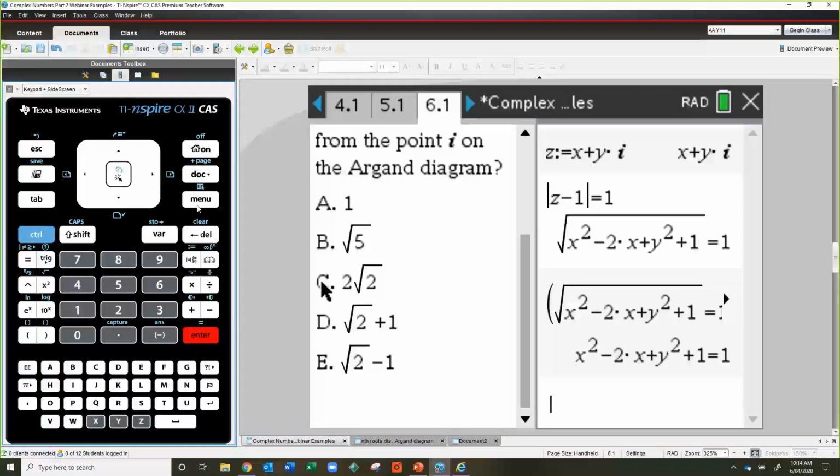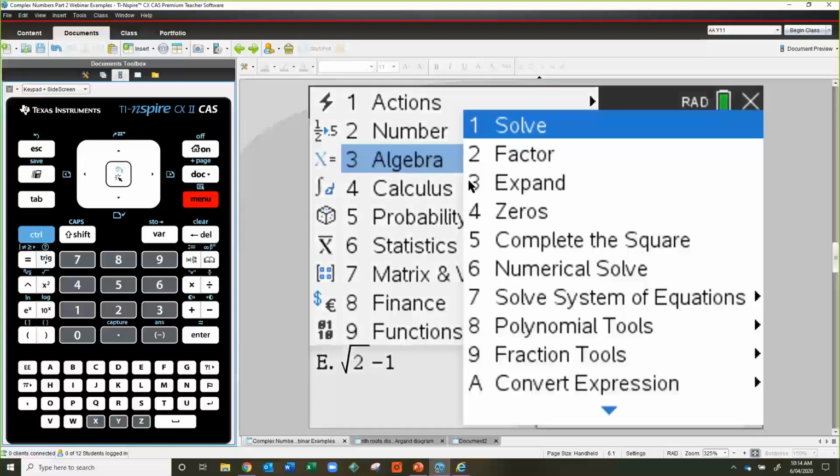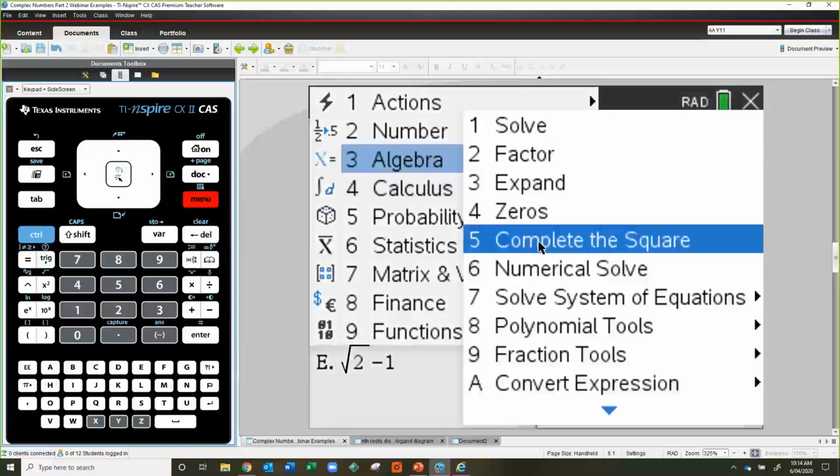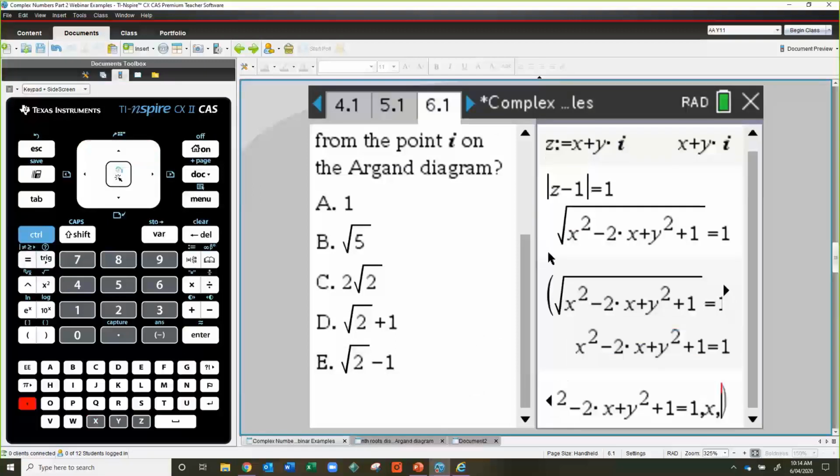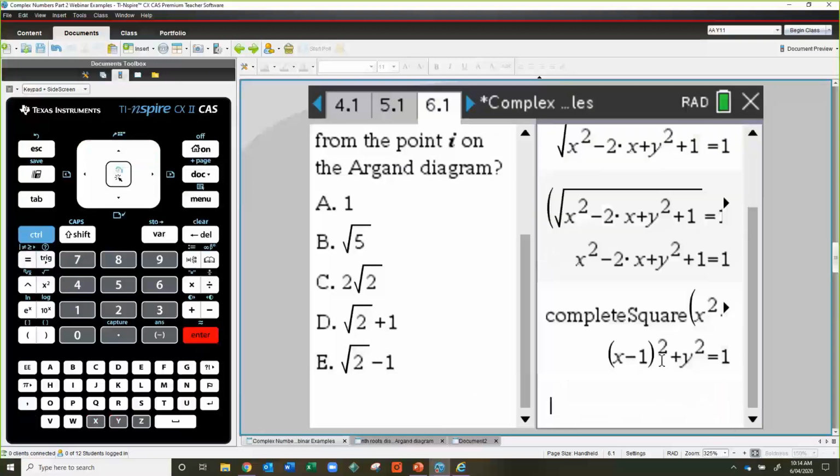And now I can do menu algebra, complete the square to see that it is the circle with center at 1, 0, and radius 1. To draw it, I don't need to see the circle, but it might be useful for other options.